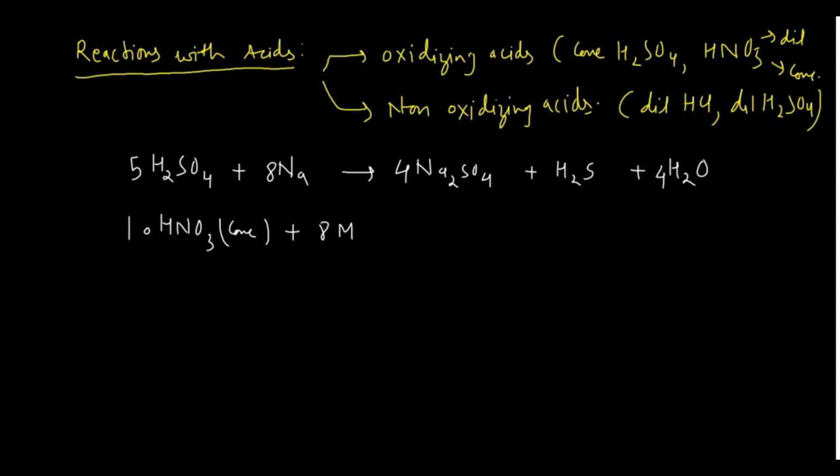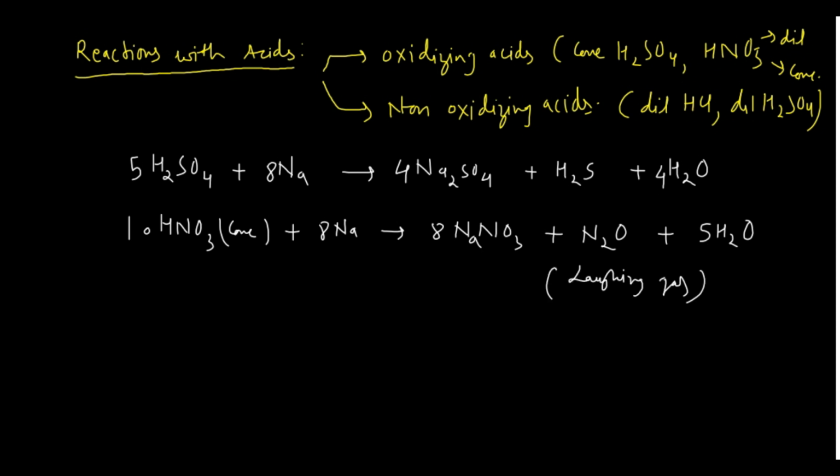So the value would be double that of the dibasic acid, that is H2S. So it will form the metal nitrate, 8 of NaNO3 plus your N2O and your 5H2O. Okay, So this is your laughing gas, please remember.